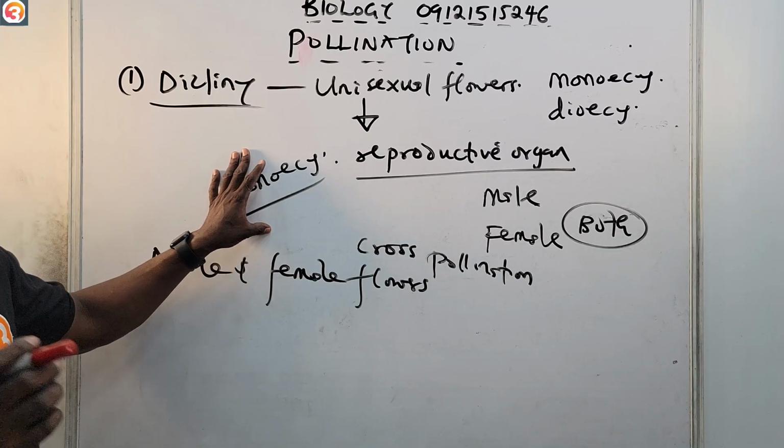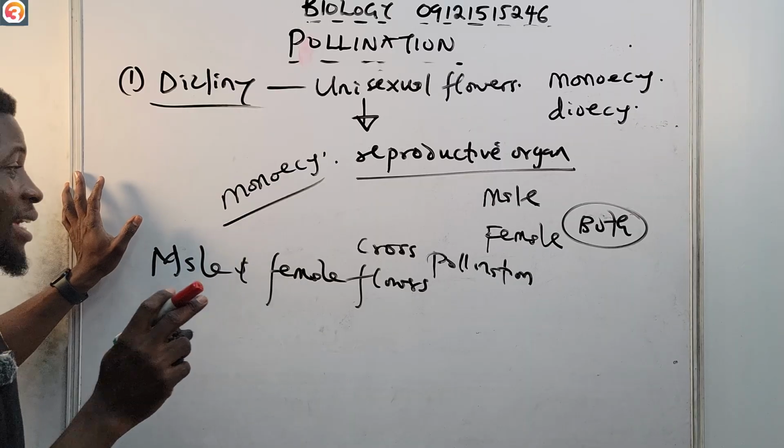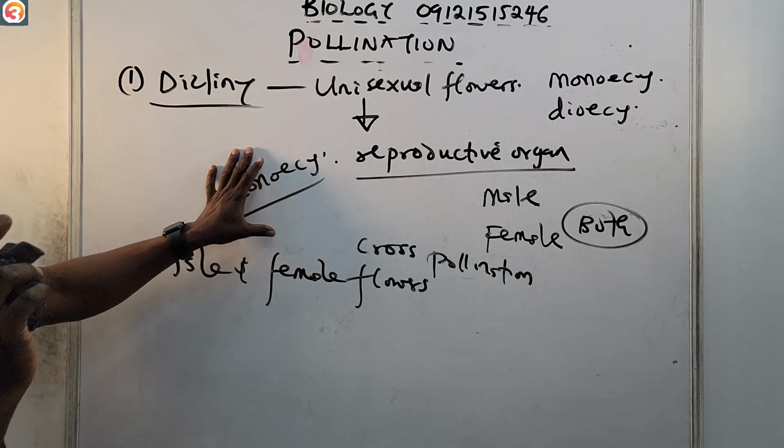Please take note of that. When the male and the female flowers are separate but present on the same plant, it is called monoecy.